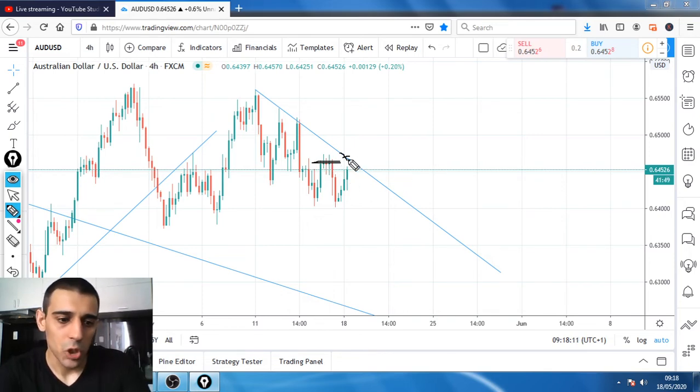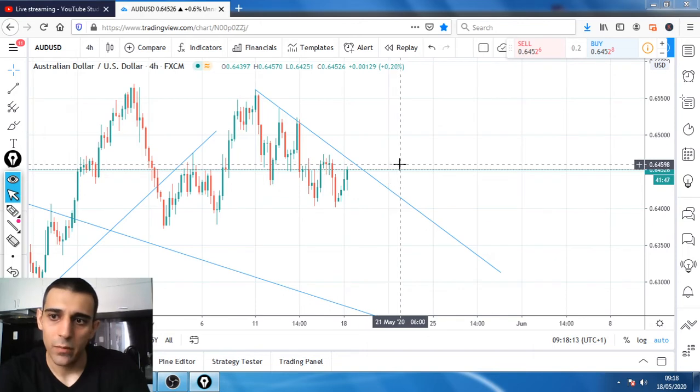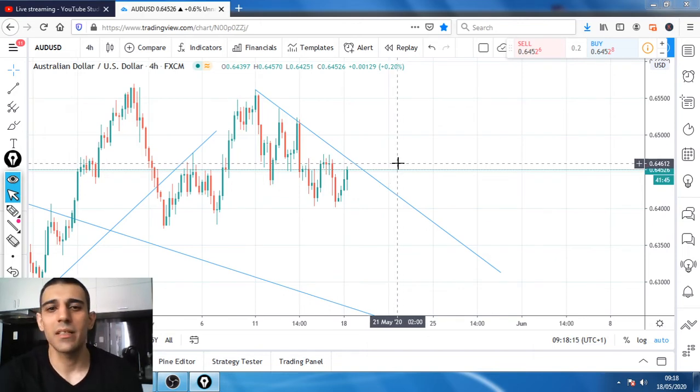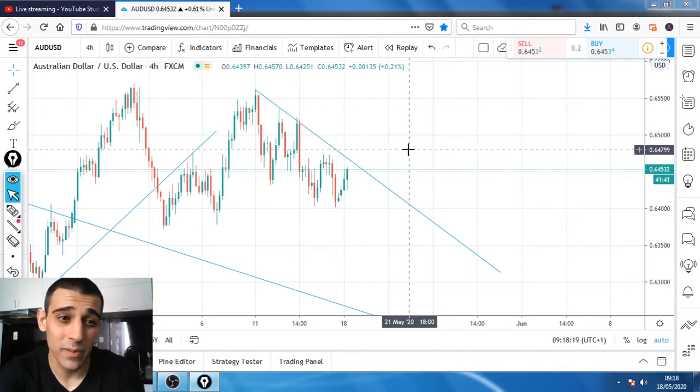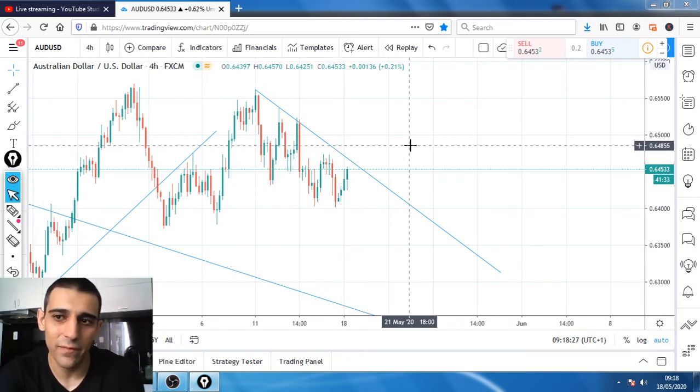then I will be looking for short trades. If we get to a level at 64.60, we will be looking for only a 20 pip stop loss, so up to 64.80. You can give it an extra 5 pips, so 25 if you want to.